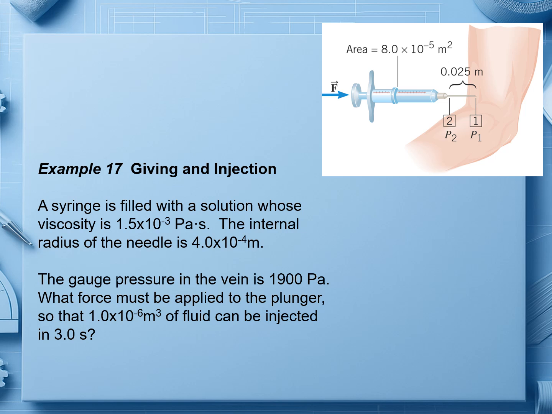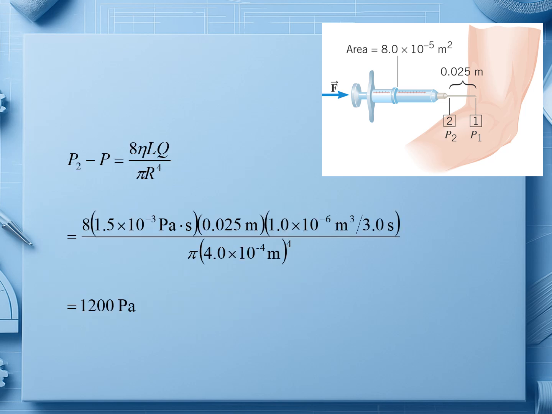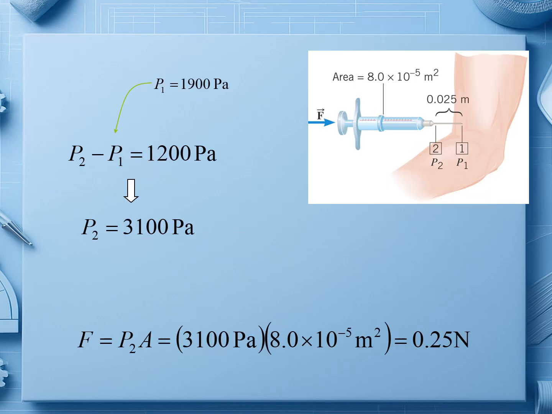Using Poiseuille's law, we determine the necessary plunger force. We will use the formula and just plug in the given. So we have here 1,200 Pascal. After solving for the pressure, we solve for the force using this formula. And then we have 0.25 Newton.